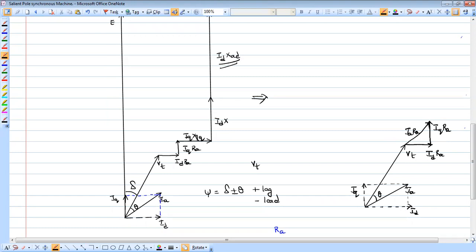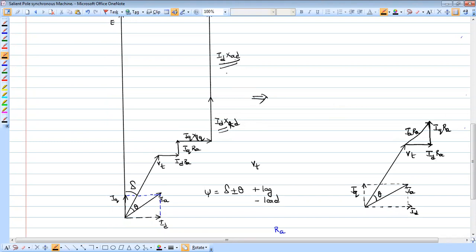Here, if you observe the previous phasor diagram, ID into XAD plus ID into XLD, sorry, XLD, the leakage reactance.